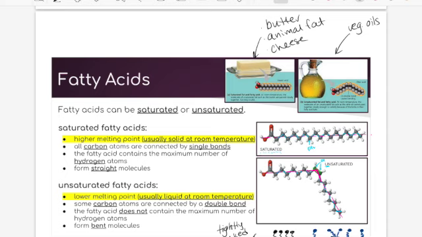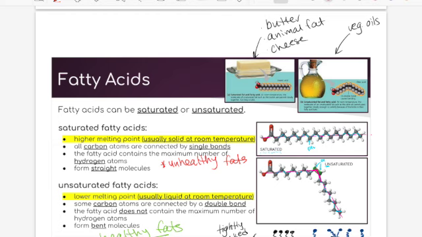They have a higher amount of unsaturated fatty acids. And saturated fatty acids are typically known as the unhealthy fats, whereas unsaturated fats are known as the healthy fats.